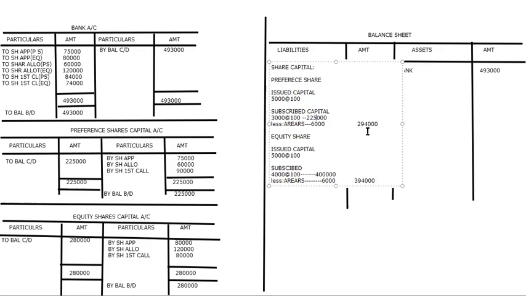So when we minus it, it will be 19,000. And here it's going to be 2 lakhs 80,000. When I make it, it is going to be 2 lakhs 74,000.